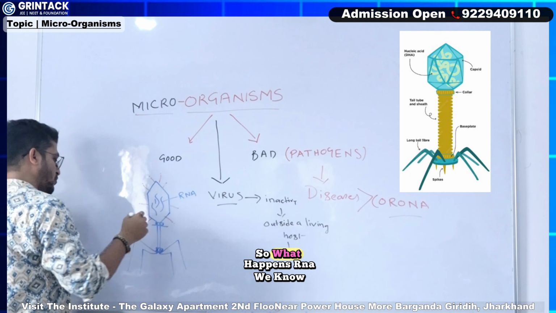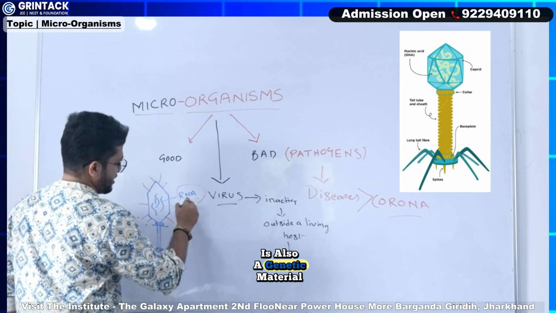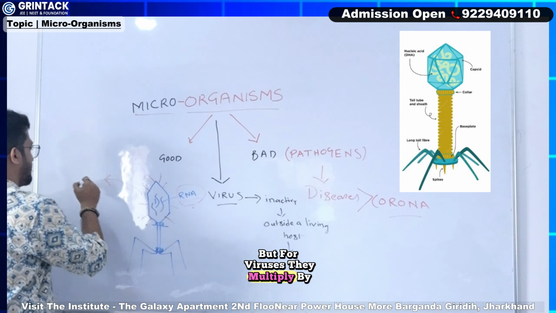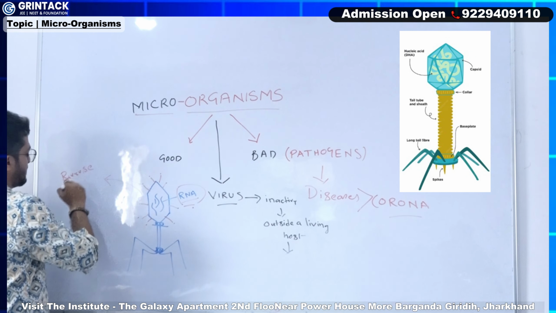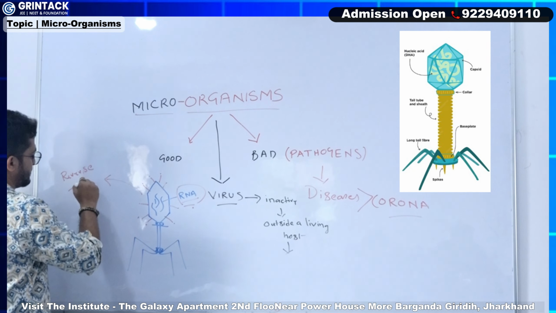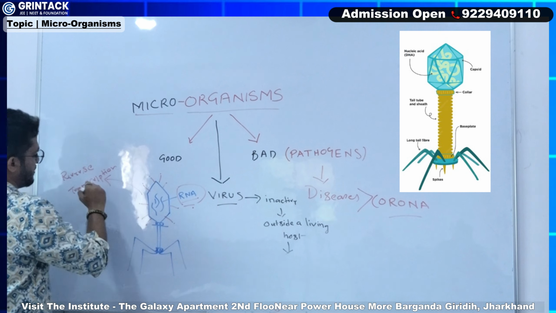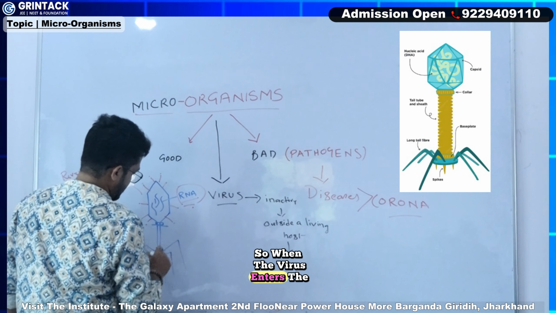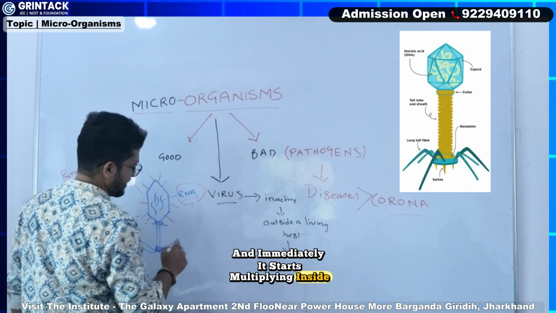RNA, we know, is also a genetic material, but viruses multiply by reverse transcription. We'll come to this later. When the virus enters the body, it immediately starts multiplying inside the body.